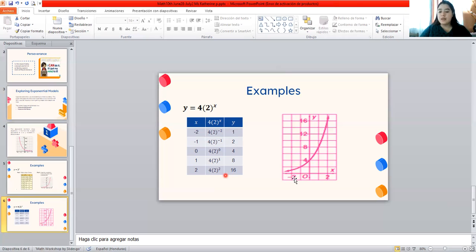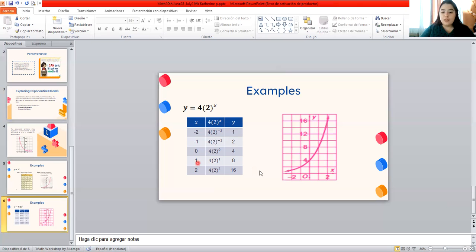Then we have to make the points in the graph. So for x, -2, for y, 1. So here is a point. For x, -1, here. For y, 2. So 2 is here. Then we have 0 for x and 4 for y. So that's why we have to make a point here at 4 because x is 0.